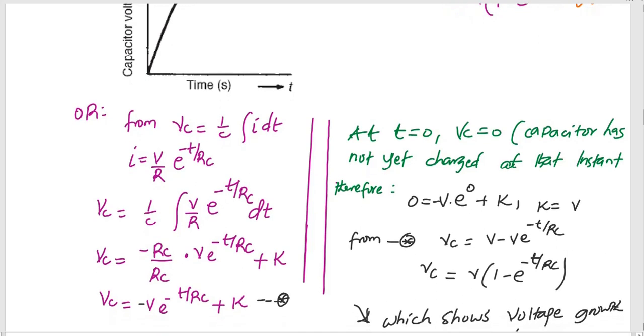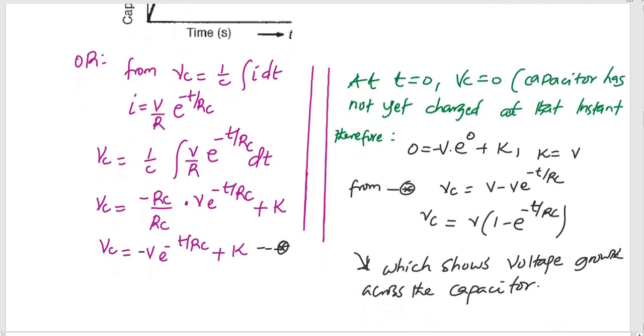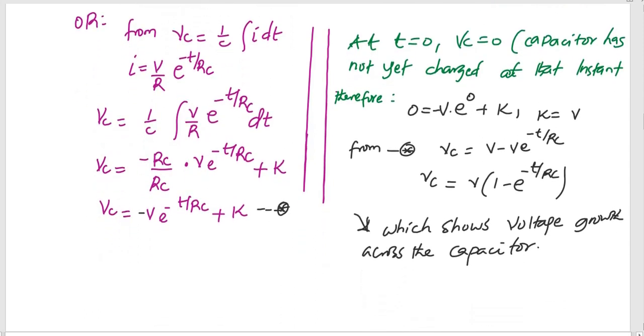So when we integrate, V is equal to 1 out of C integral of V over R exponential of negative t out of RC dt, which will give you negative V exponential of negative t divided by RC plus K, which is the constant of integration.